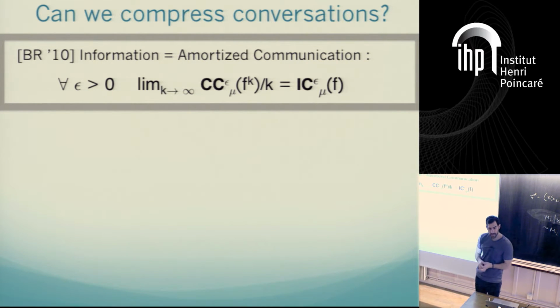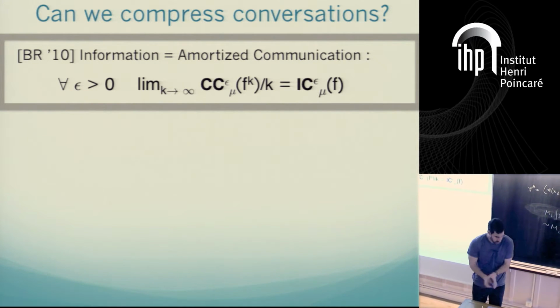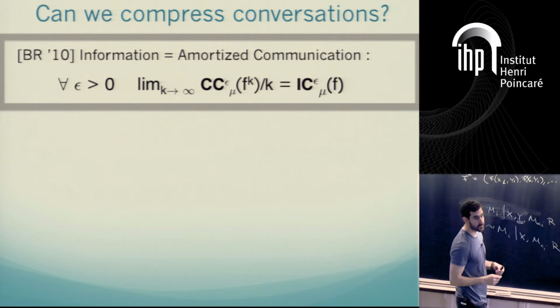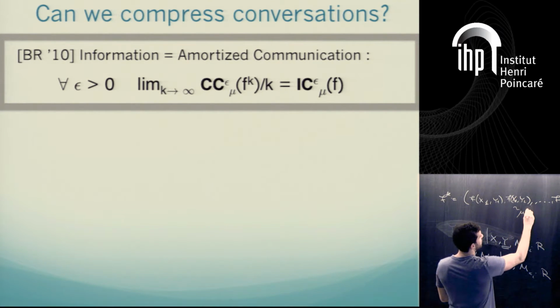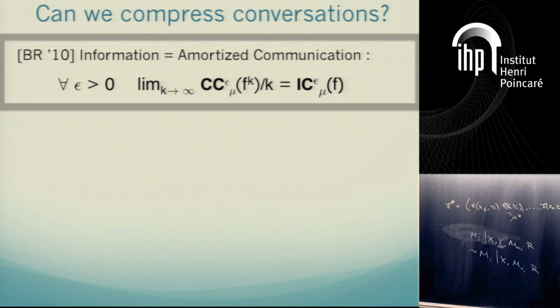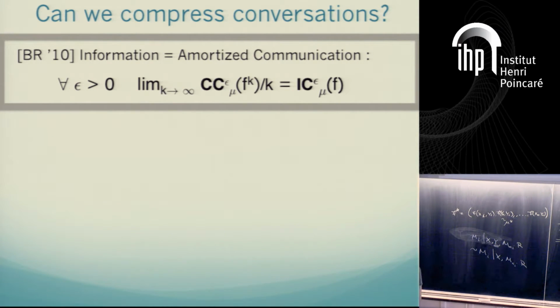What I meant was that mu is now extended to sequences, and it's extended by independence. Yes. We really should have written mu to the k. Oh, sorry. Yeah, I should have put here mu to the k.